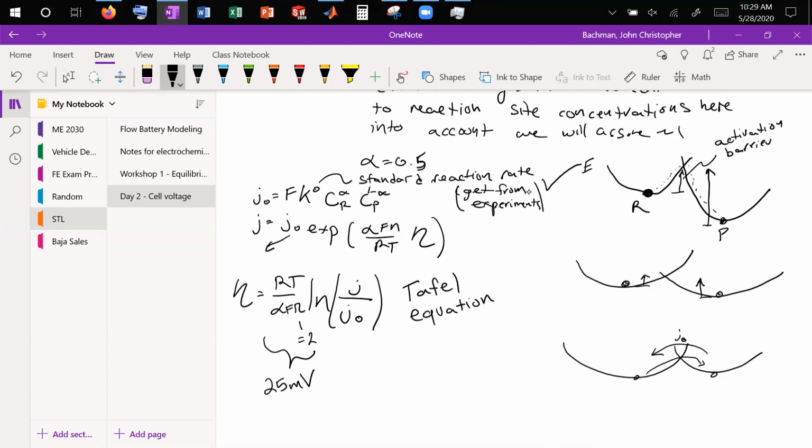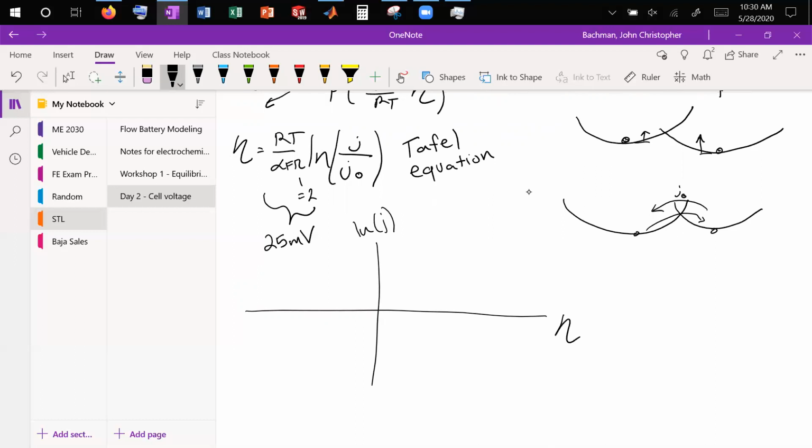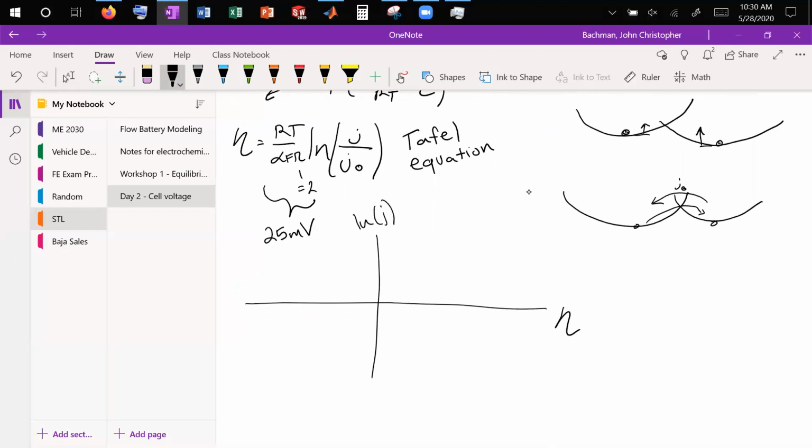And so what this kind of looks like, let's say you only had losses from this. If you took the natural log of your current density and plotted it versus your overpotential in an experiment, what you'd see is it'll be kind of linear early on, but then it'll flatten out.